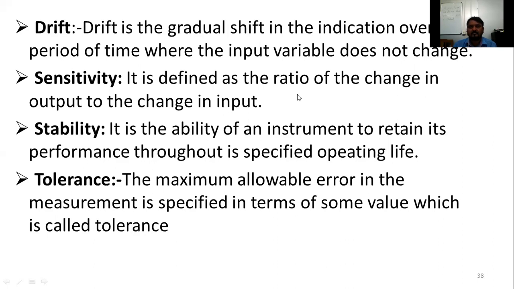So the drift is nothing but the gradual shift in the indication over a period of time where the input variable does not change.